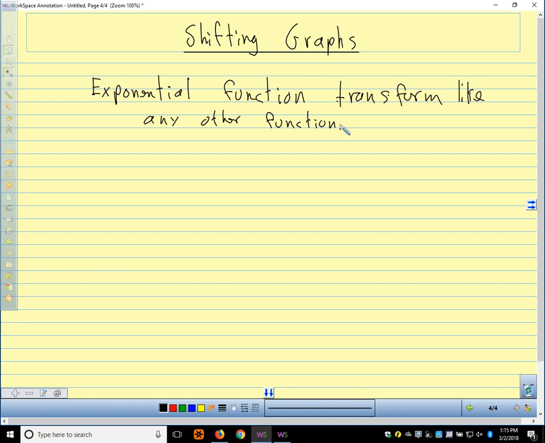So all the rules, all the things that you know about shifting functions is the same for exponential functions. There's nothing different. What that means is the intercept and the asymptote shift with the function.